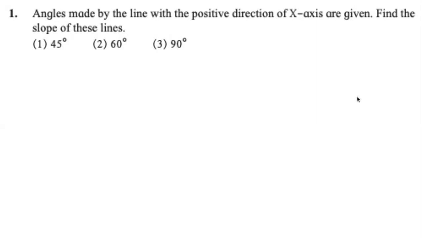The angle theta that a line is making with the positive direction of x-axis is given. Using this angle we have to find the slope, and we know the formula: m equals tan theta. So quickly tell me, what will be tan 45, tan 60, and tan 90? You can refer to your textbook. You can go to the chapter trigonometry and find the correct answers.